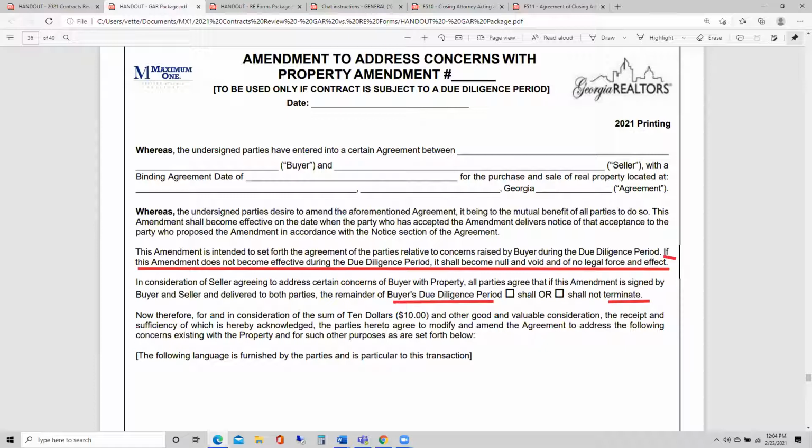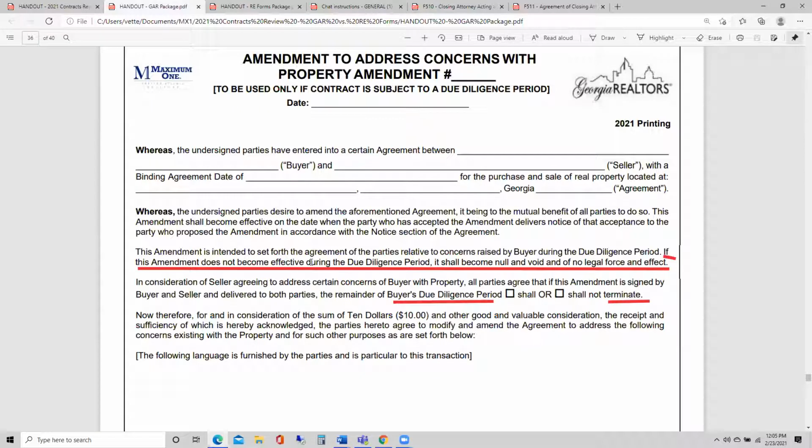So if a buyer asks the seller to fix A, B, C, and D, and the due diligence period comes and goes, and then after that, you get it back signed by the seller, this amendment acts as if it does not exist. The seller is not obligated to perform those repairs or address those issues.